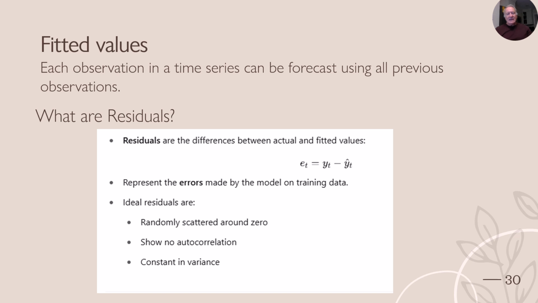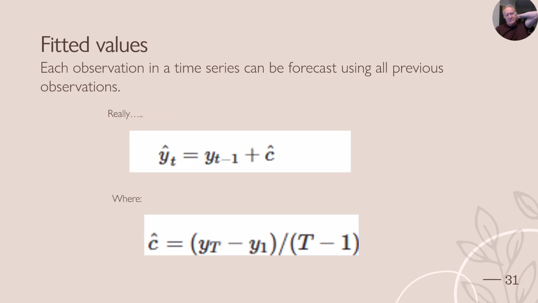They represent the errors made by the model on the training data. Ideal residuals are randomly scattered around zero, show no autocorrelation, and have a constant variance.